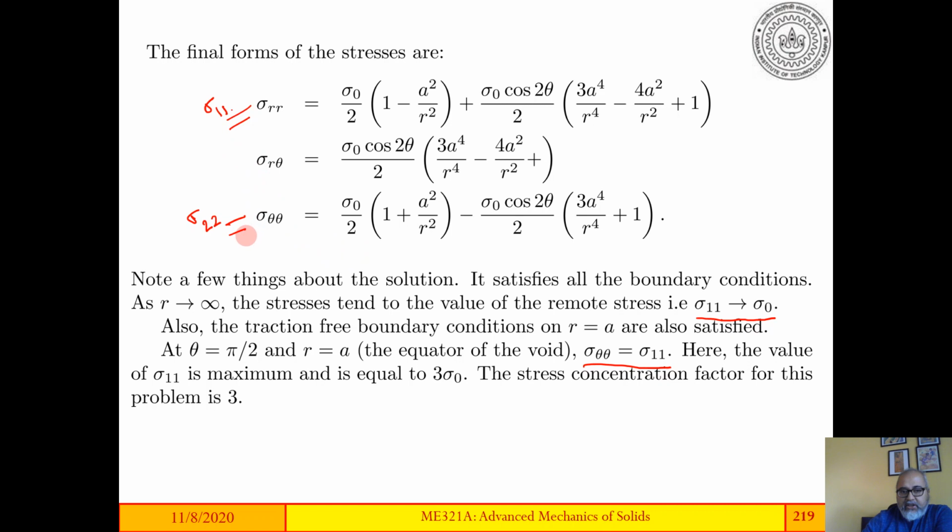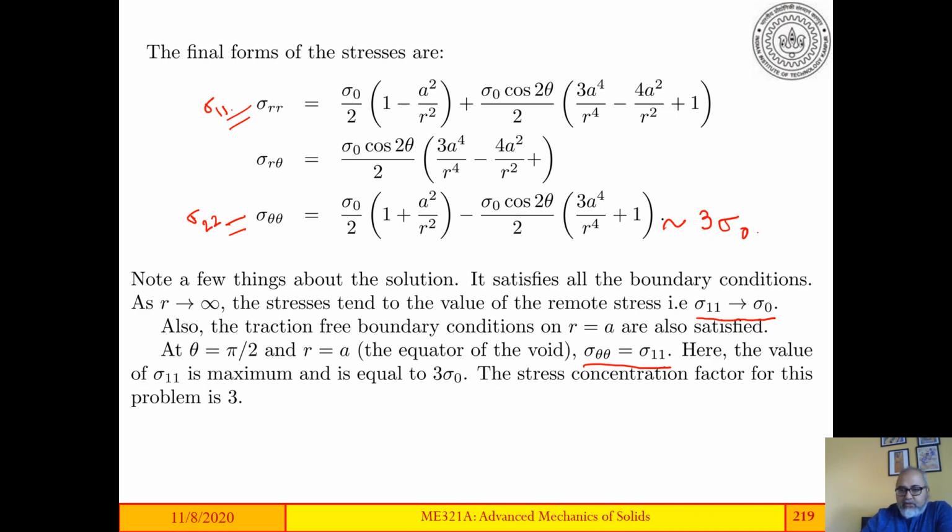So if you put it here, then you will see that at r equal to a, this factor is going to be 2, and this factor is going to be 3 plus 1, 4 by 2, these two. And then the final stress intensity factor, this would lead to 3 sigma naught.